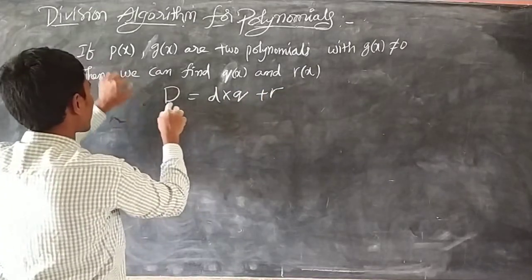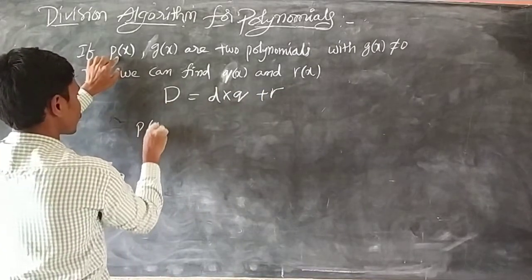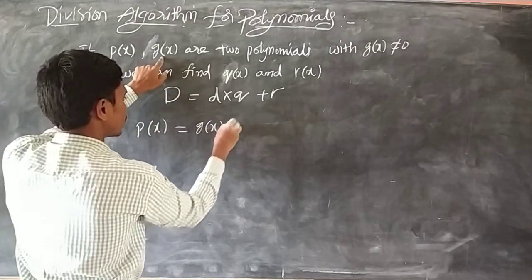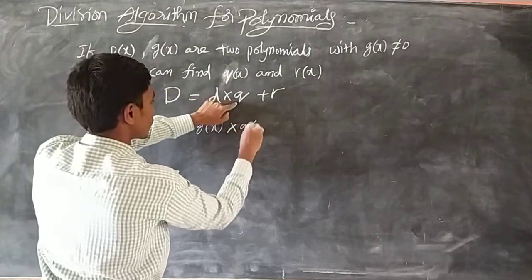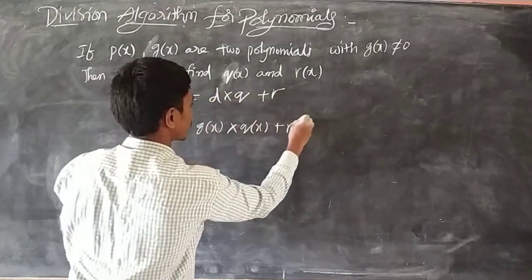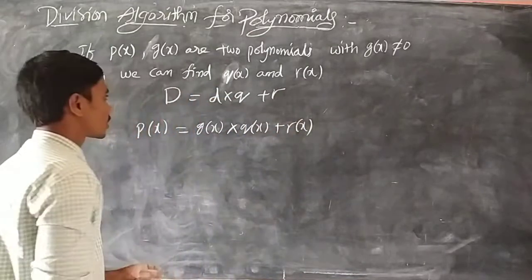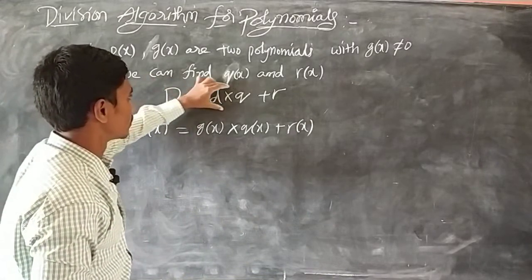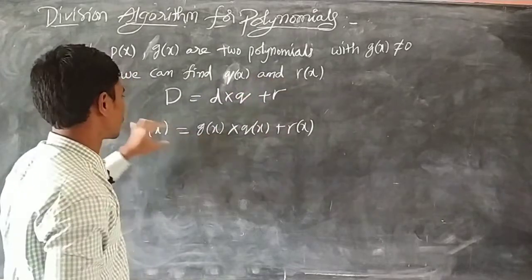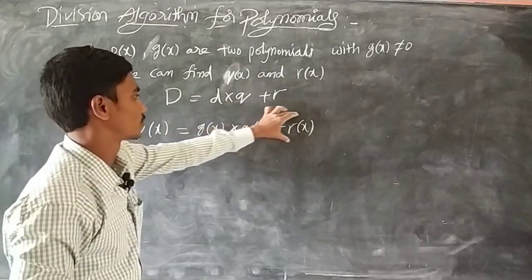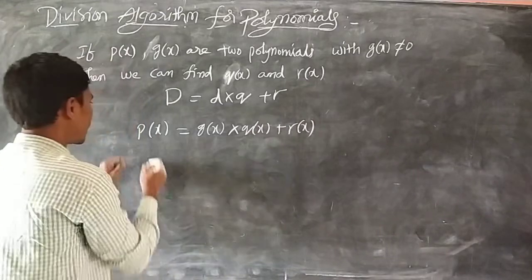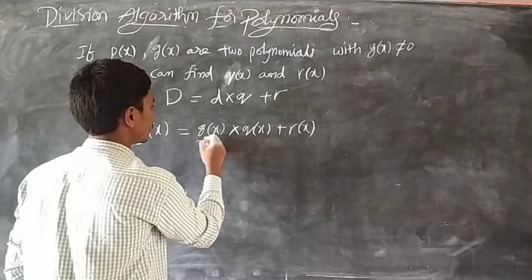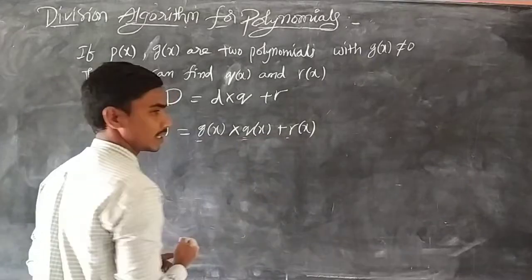In the same way, here p of x is the dividend is equal to g of x is the divisor into q of x is the quotient plus r of x is the remainder. The division algorithm in Euclid is useful for numbers. Here it is useful for polynomials. Here p of x degree, q of x degree, g of x degree are mainly important.